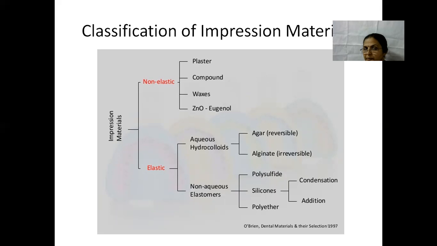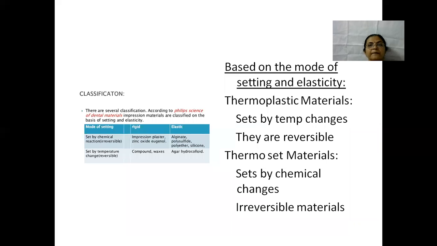Elastic impression materials come under aqueous hydrocolloids and non-aqueous elastomers. Aqueous hydrocolloids are classified as agar and alginate. Agar is reversible, whereas alginate is irreversible. Non-aqueous elastomers are mainly of three types: polysulfide, silicones, and polyether. The silicones are again classified as condensation and addition silicones.